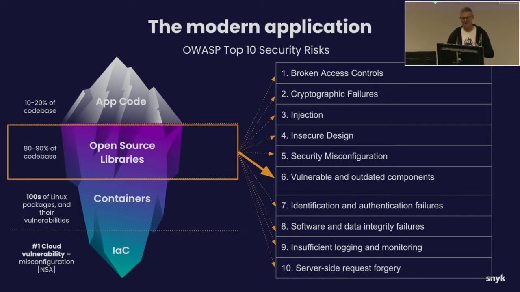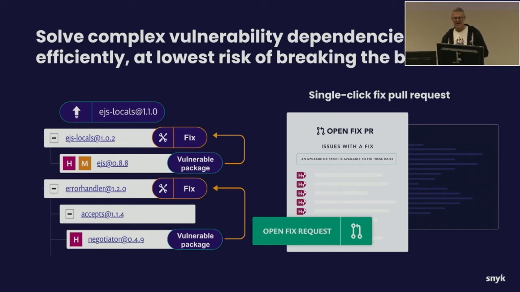So getting down to the next part, 90% of what most modern apps are built on is open source libraries. Which is a great thing until things like Log4j happen. So again, they address a number of the actual OWASP concerns.